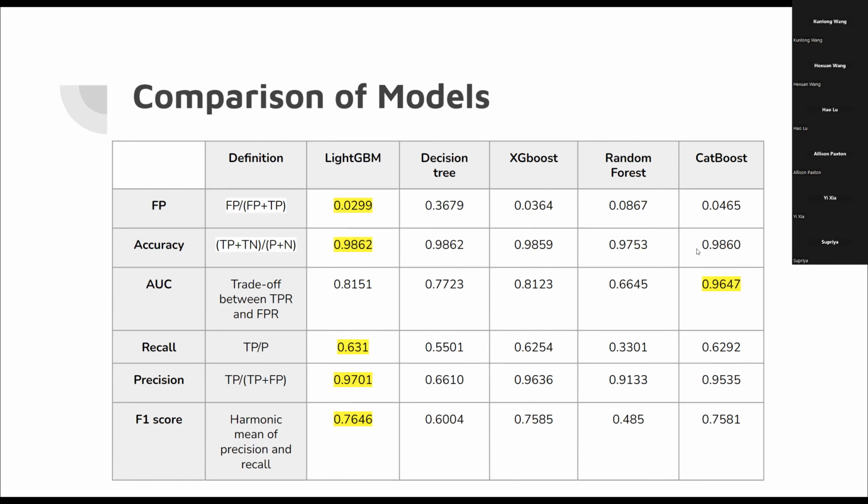For AUC, although CatBoost has a higher value than light GBM, as we know, as long as the AUC value is bigger than 0.5, it's good. So it's okay here. For recall, precision, and F1 score, the light GBM has the best performance. So we'll pick light GBM as our model to deploy.